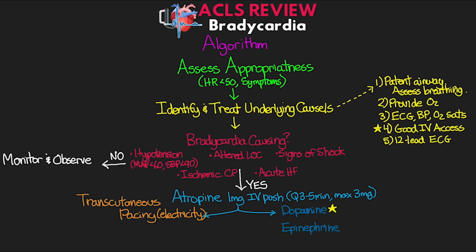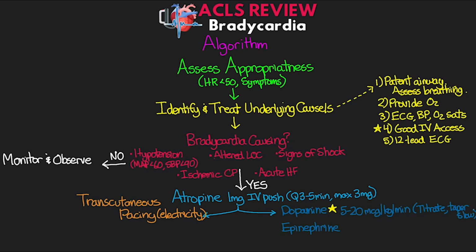Now, also updated in 2020 is the dose of dopamine, which is now recommended to be 5 to 20 micrograms per kilogram per minute. And then we want to titrate it to our patient's response and then taper the medication slowly. Now, important to remember these new changes because the old recommendation used to be 2 to 20 micrograms per kilogram per minute.